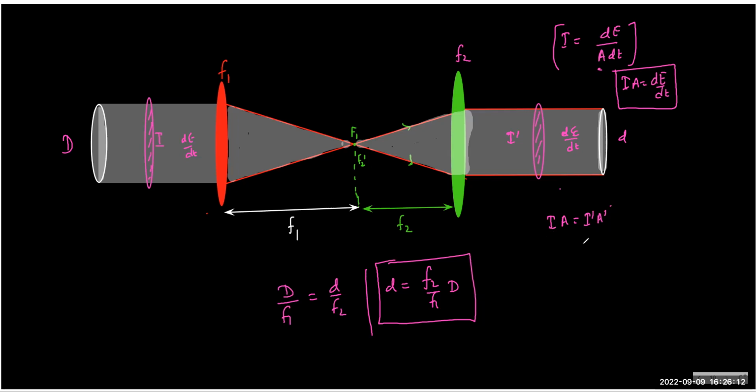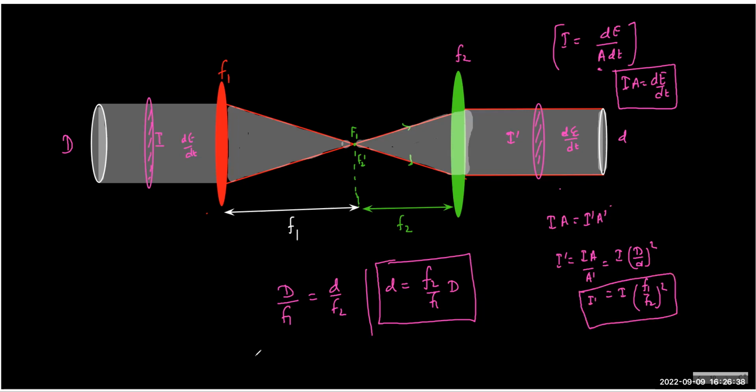So the intensity relation will be asked. The I dash in this case will be I by A dash, and the area of cross section will be diameter squared, right? And the d by D is what? f1 by f2. Eventually, this will boil down to a simple relation for intensity.